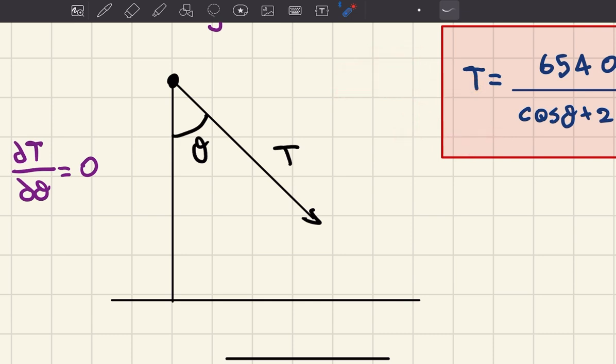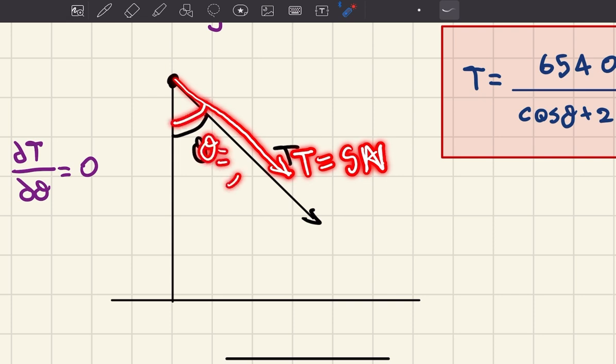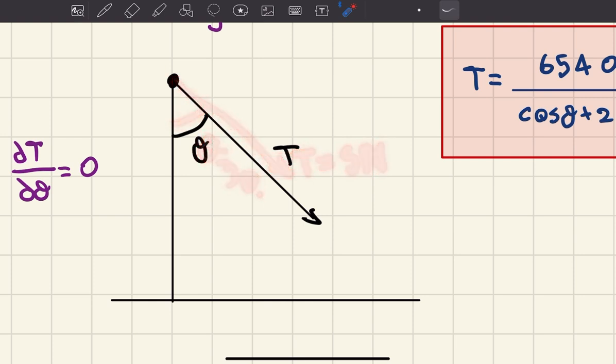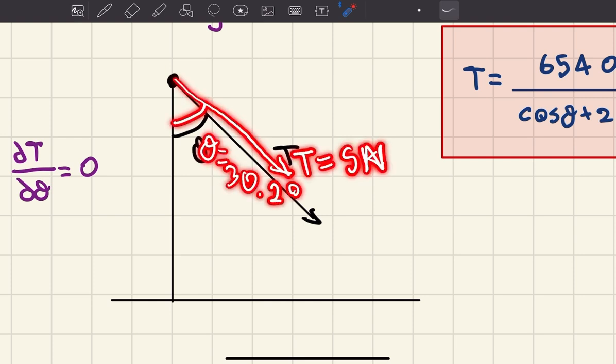After the instant it begins to tip, I can technically change the theta value. We're still at 5 newtons, and I can change theta to, for example, 30.2 degrees. This is an oversimplification, but let's say this works.